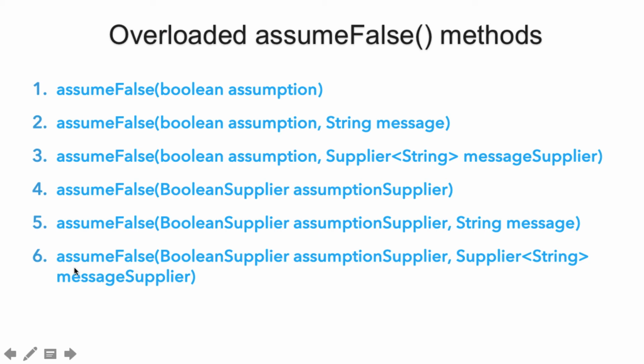The sixth assumeFalse method is also very much similar to the third. Instead of the boolean assumption, we are simply providing the BooleanSupplier functional interface, and the second parameter in both methods remains the same. So in the fifth it is a string message, and in the sixth it is a Supplier functional interface.